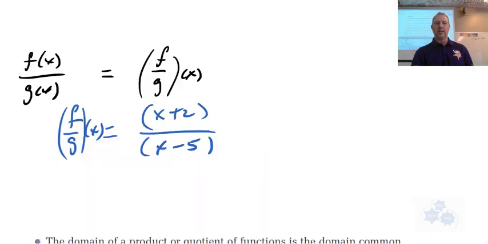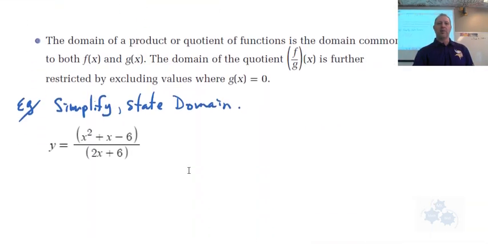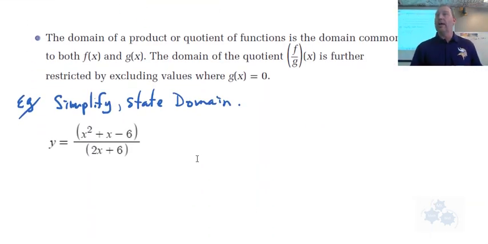What I would like to continue on with, though, is talking about the domain and the range for quotient and product of functions. And we talked a little bit about this last day as well. The domain of a product or a quotient of functions is the domain that is common to both functions.